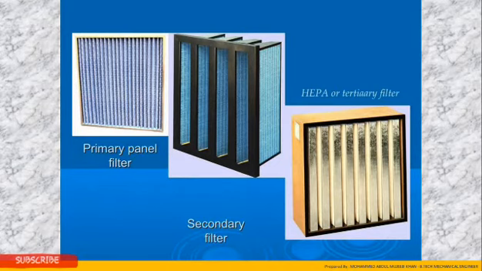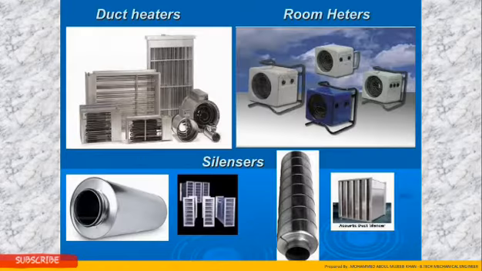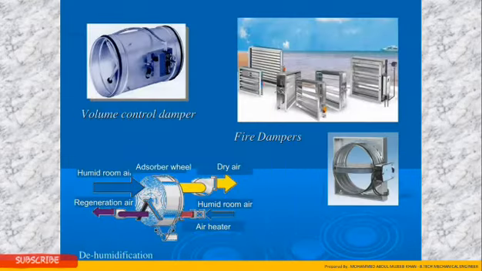Primary filter, secondary filter, and HEPA filter. These are the few examples. Duct heater, room duct heater, and the silencer. Volume control damper, fire damper, and a dehumidification.